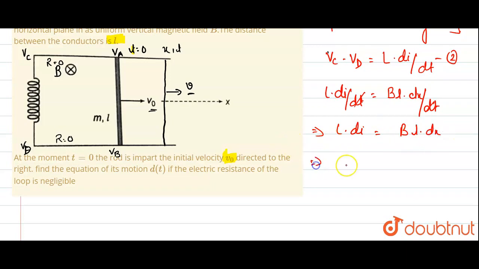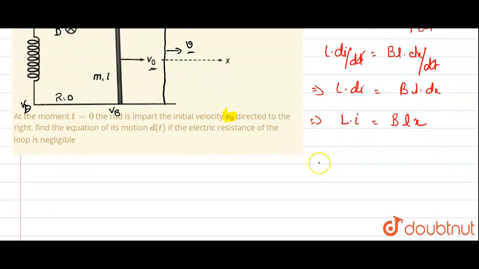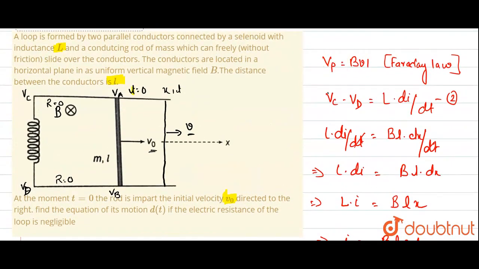Integrating both sides, you can get Li is equal to Blx. So we can write i as Blx by L.